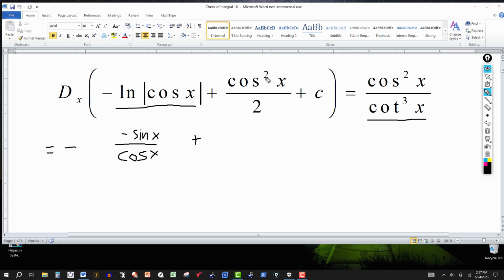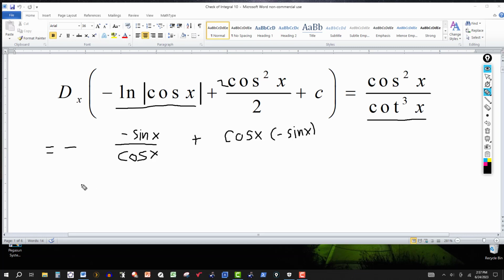We have the square of cosine, so using the power rule, the 2 in front cancels out. So this will be cosine of x, and then using the chain rule, the derivative of cosine is minus sine of x. And of course the derivative of a constant is 0.